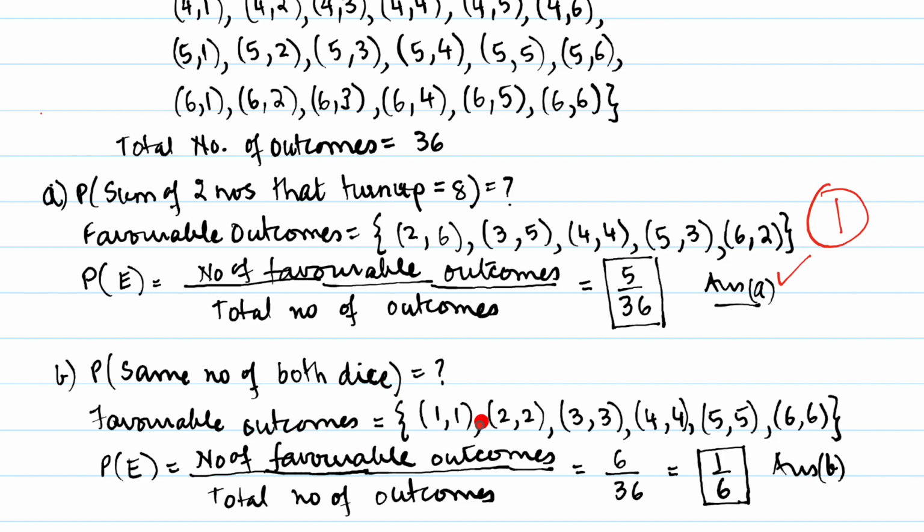So the favorable outcomes will be 1,1; 2,2; 3,3; 4,4; 5,5; and 6,6. These are also called doublets. So the number of favorable outcomes is 6, and the total number of outcomes is 36. So 6 upon 36, which is 1 upon 6, is the probability. If we write all the statements properly, we'll get our second mark as well.